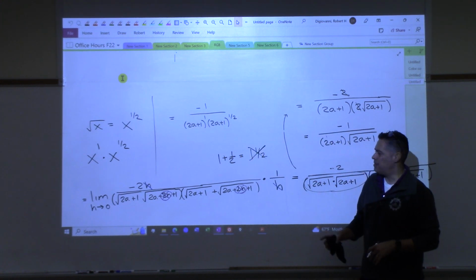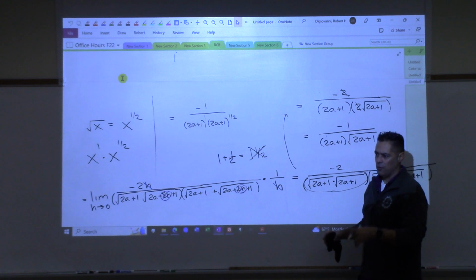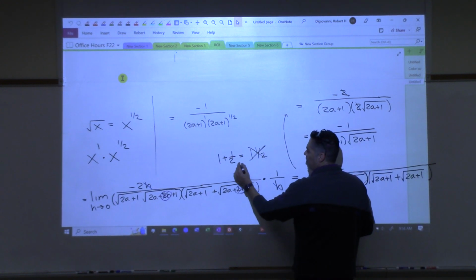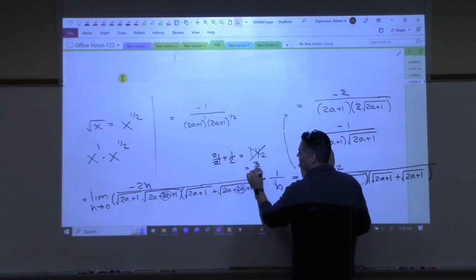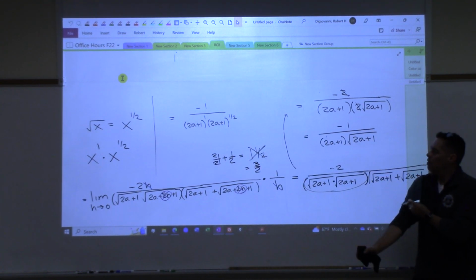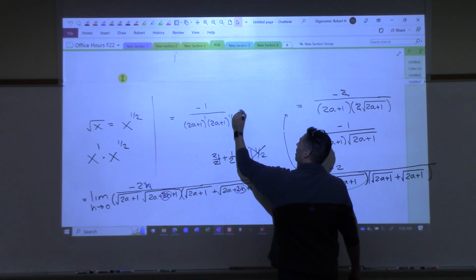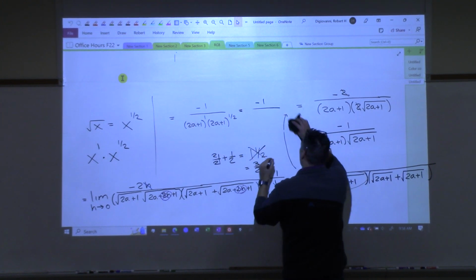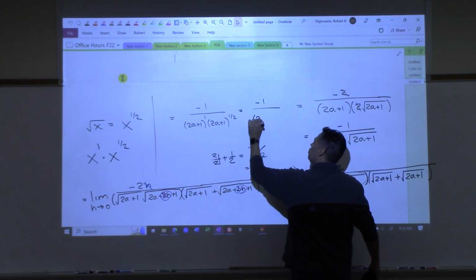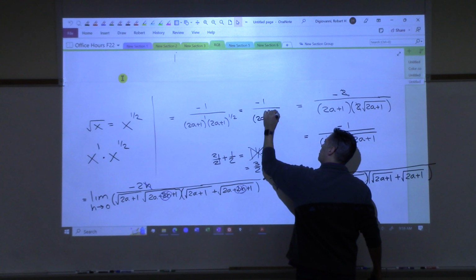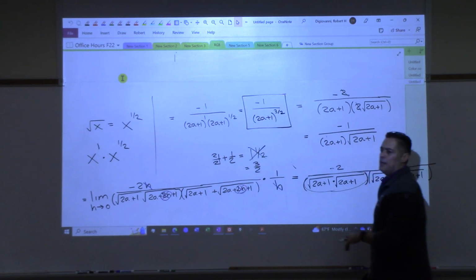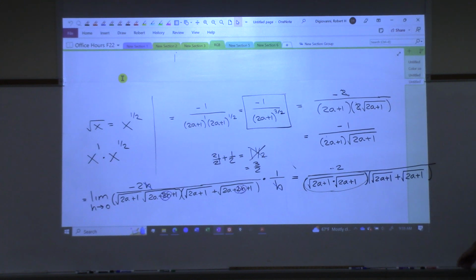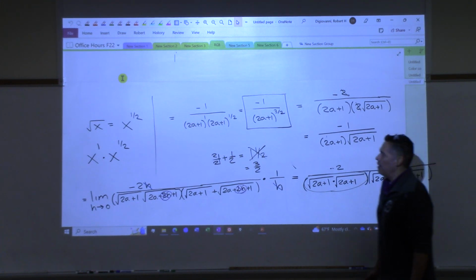We just don't, because they're tedious for what we need to do with them. So instead what we do is we get a common denominator, 2/2, and we add them, we get 3/2. So when I put those two together, I get -1 over, this is my final answer, 2a plus 1 to the 3 halves. Boom, there's my answer. There's my generic formula. It only took us, what, 20-something minutes? A lot of work there.